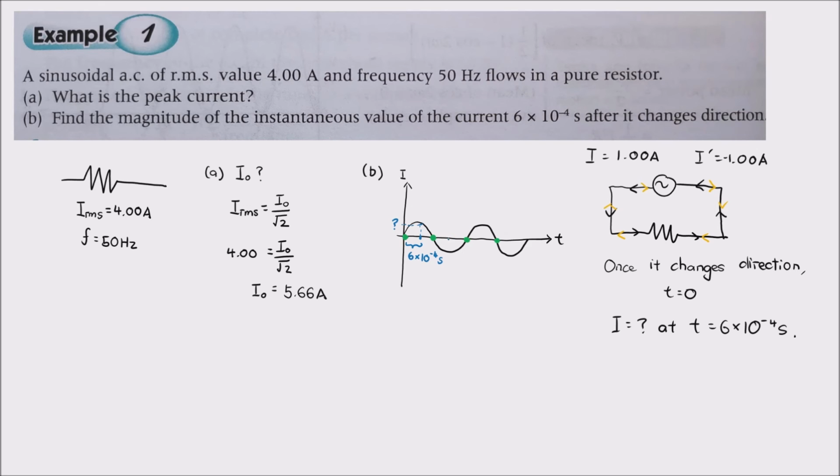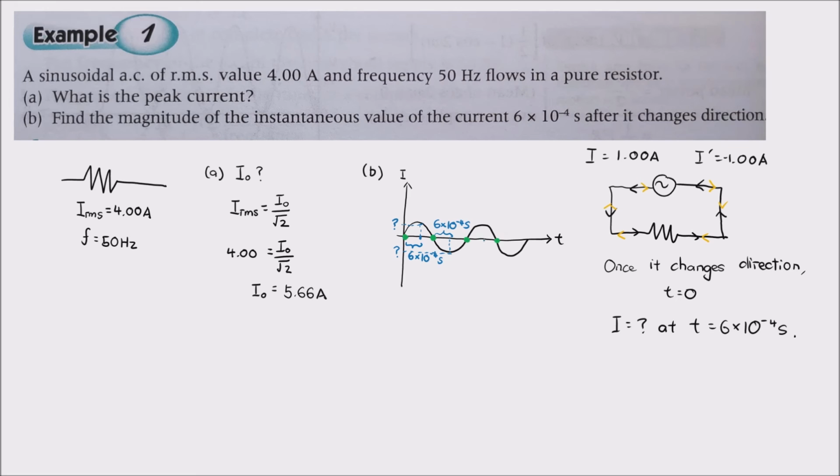Of course, if you want to start from the other side, you can also do that. Once 6 times 10 to the power of negative 4 seconds has passed, how much is the current over here? Both of them you should get the same magnitude, just that they are in different directions.